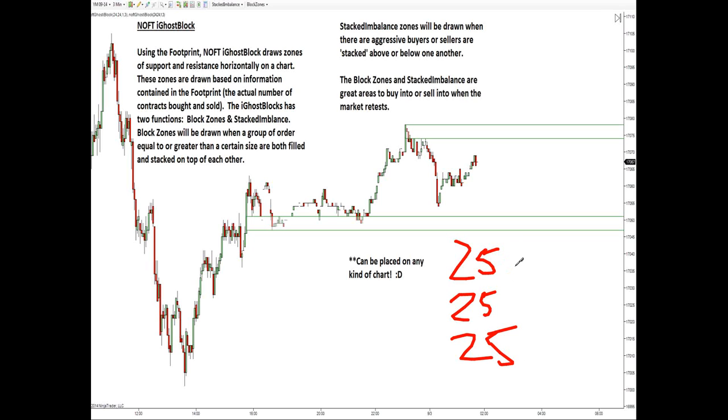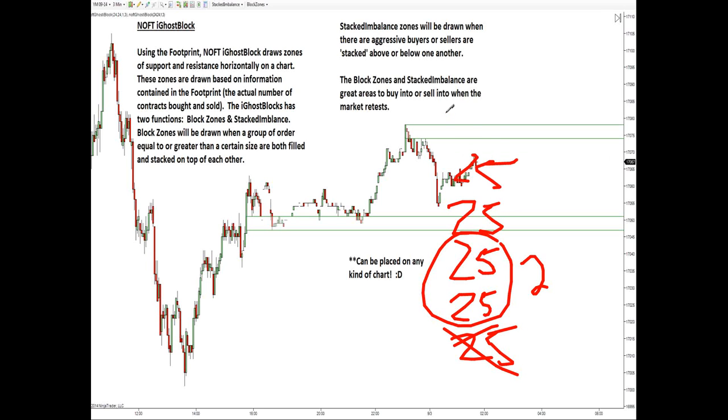I could have this set to just 2, so I could just be counting these 2 and get rid of that. Or I could set it to 5, so I want 5 block trades stacked in a row for me to get an actual block trade zone drawn.